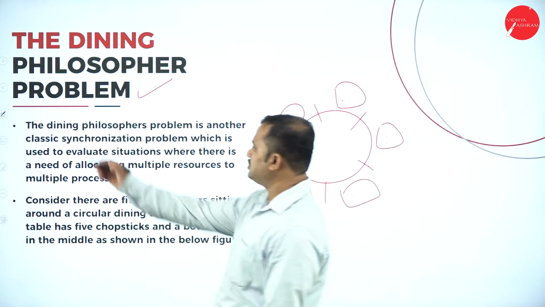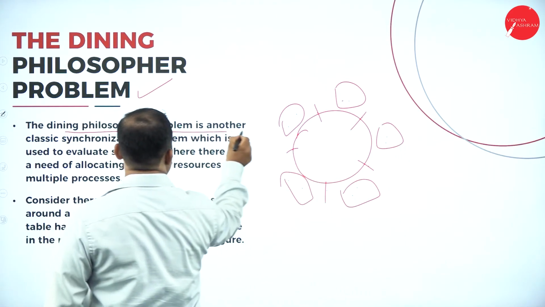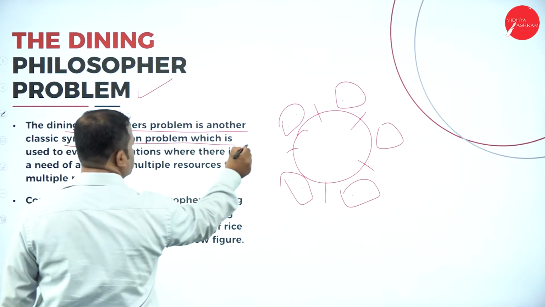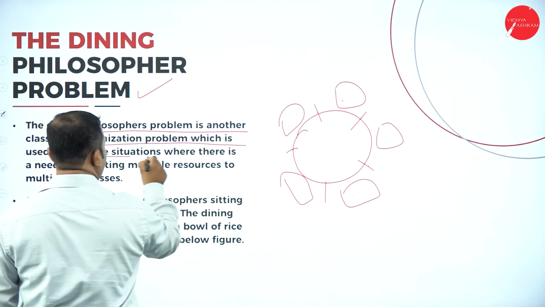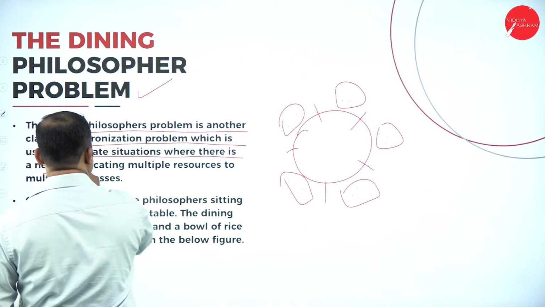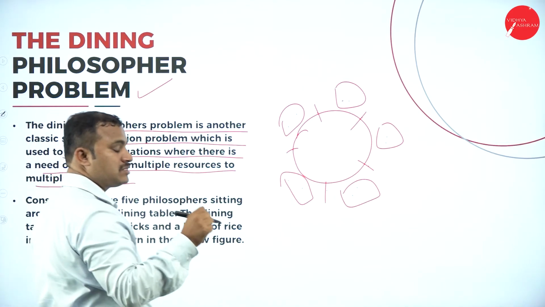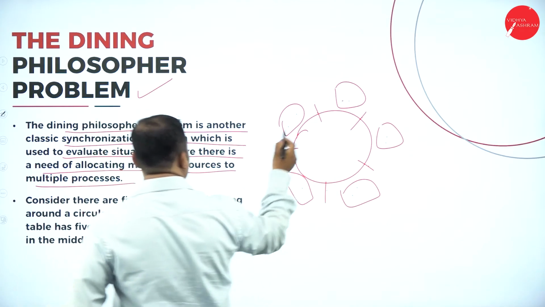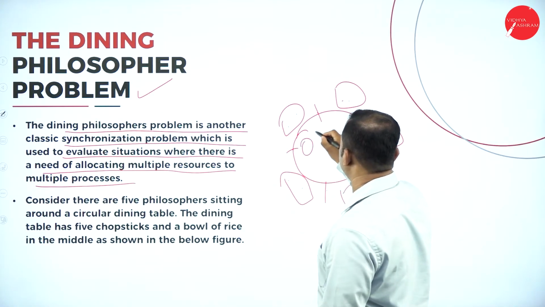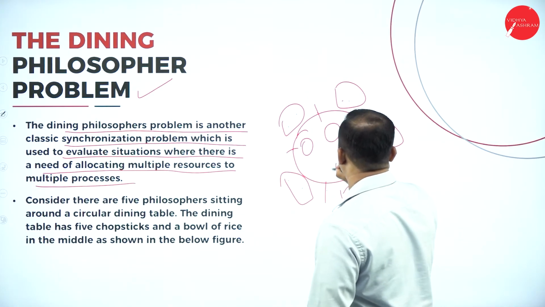The dining philosophers problem is another classic synchronization problem, which is used to evaluate situations where there is a need of allocating multiple resources to multiple processes. That means multiple resources: we have resource 1, 2, 3, 4, 5.